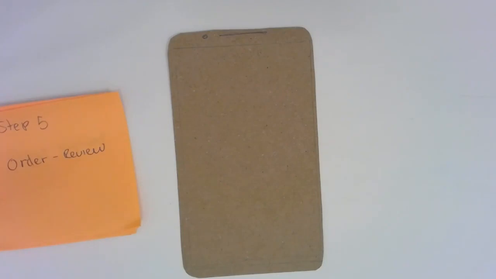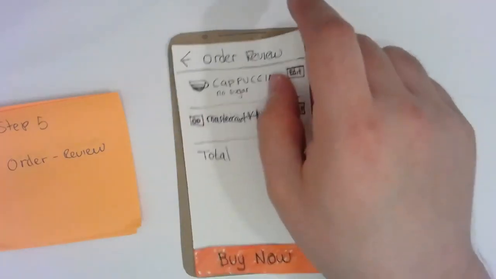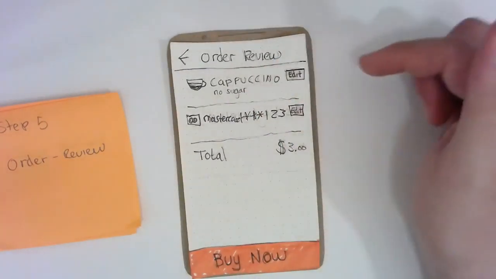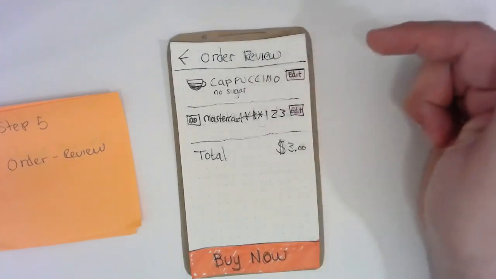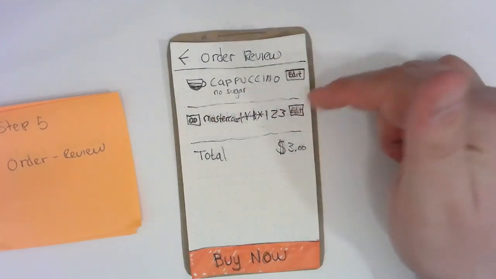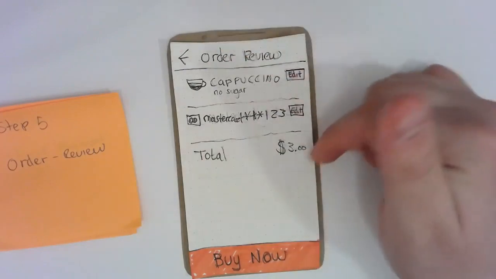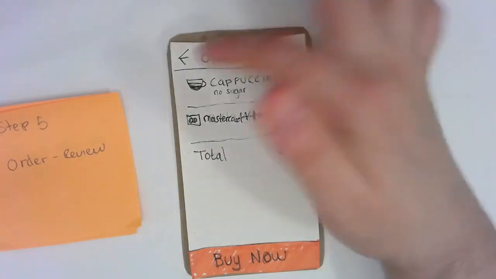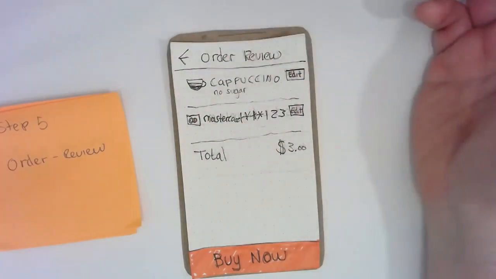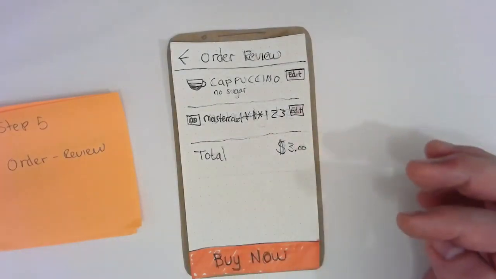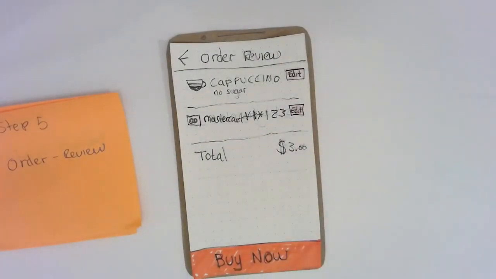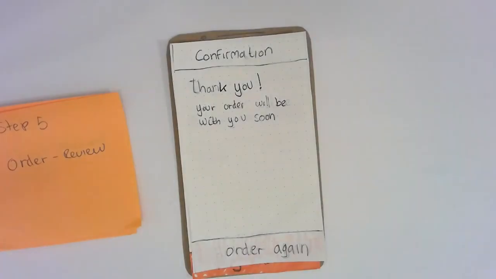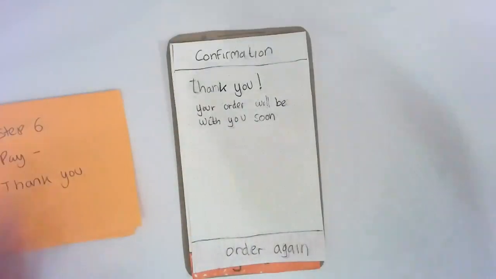Step 5 is basically our order review. So here you see cappuccino, no sugar, an edit button if you want to change it, the MasterCard payment method, again another edit button, the total $3, and the order review title with a back button, which we've had throughout, and buy now. So we press buy now, and then we have the final step, step 6, the confirmation.